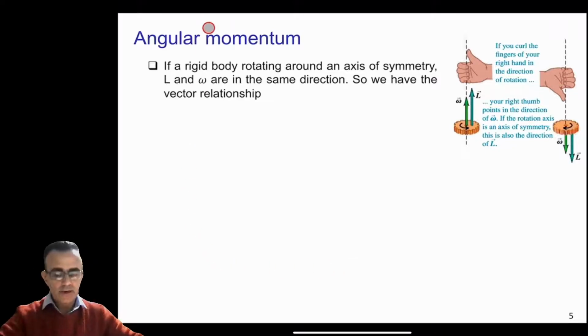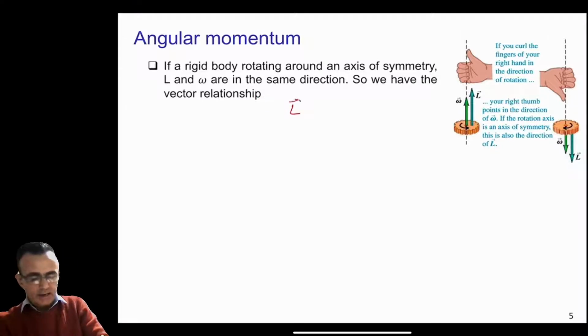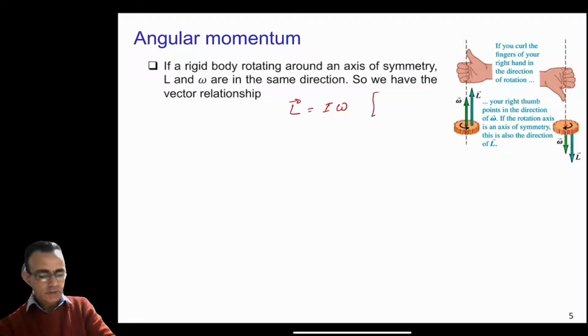Another important point here is that angular momentum is also a vector, and the direction of angular momentum is in the direction of the angular velocity. So if a rigid body is rotating around an axis of symmetry, L and omega are in the same direction, so we have the vector relationship here. We know that L is equal to I omega, and this equation is very similar to G equal to mv.